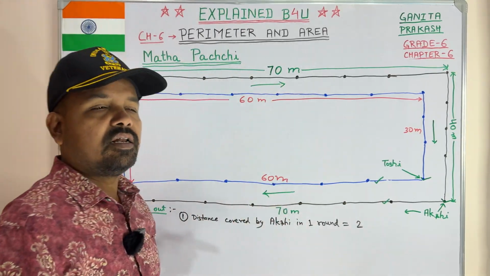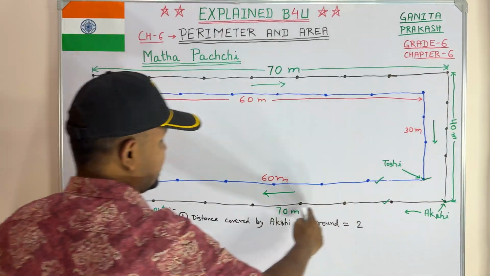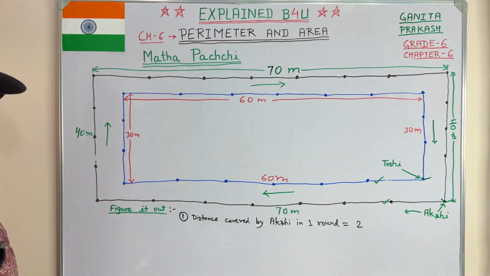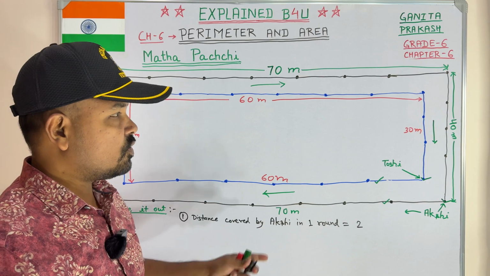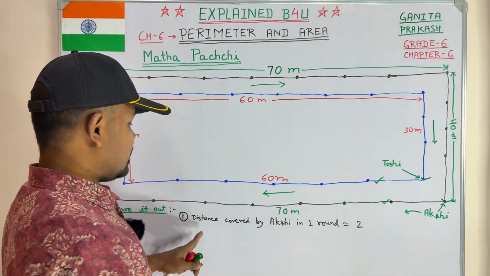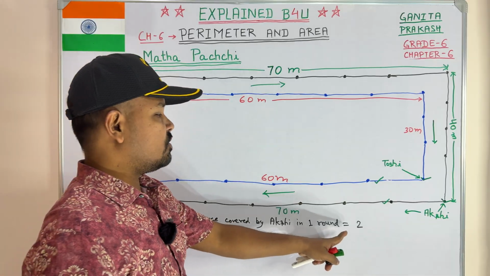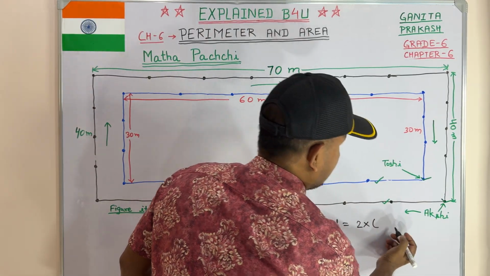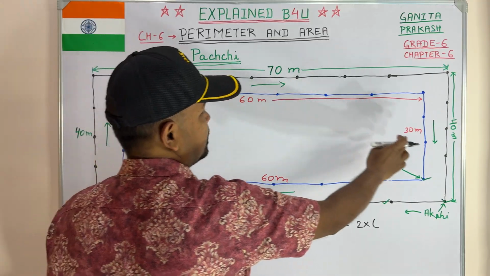Perimeter of rectangle. If we know the total length of this outer boundary, that is the only distance Akshi is covering in one round. So we can write distance covered by Akshi in one round is equal to 2 into (L plus B). L plus B means length plus breadth.